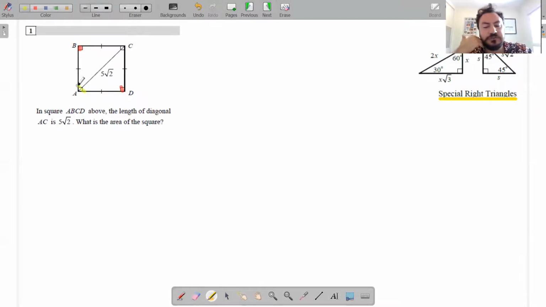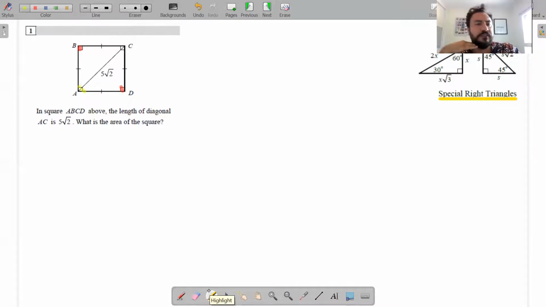For this reason, we can use special right triangles, and we have seen the special right triangle when we talked about trigonometry and geometry, triangles specifically. So we know that we can use that ratio to find the information regarding the sides. The diagonal in this case corresponds to the hypotenuse of that triangle.